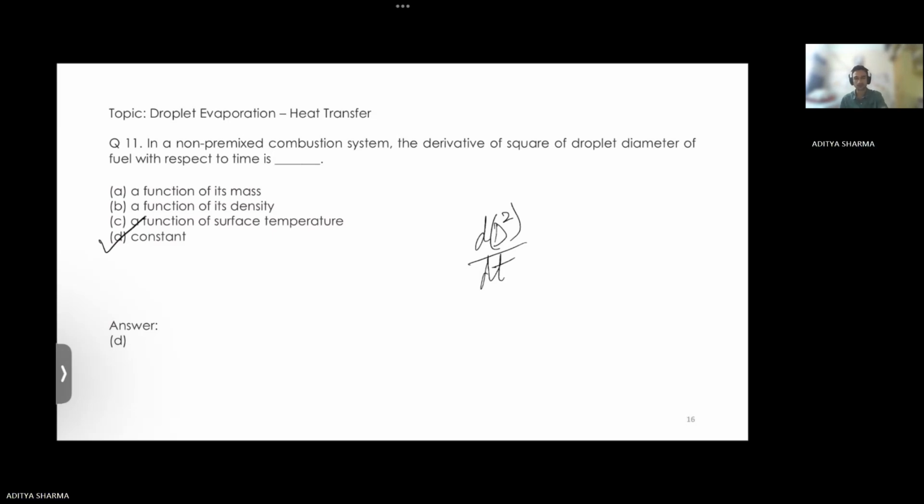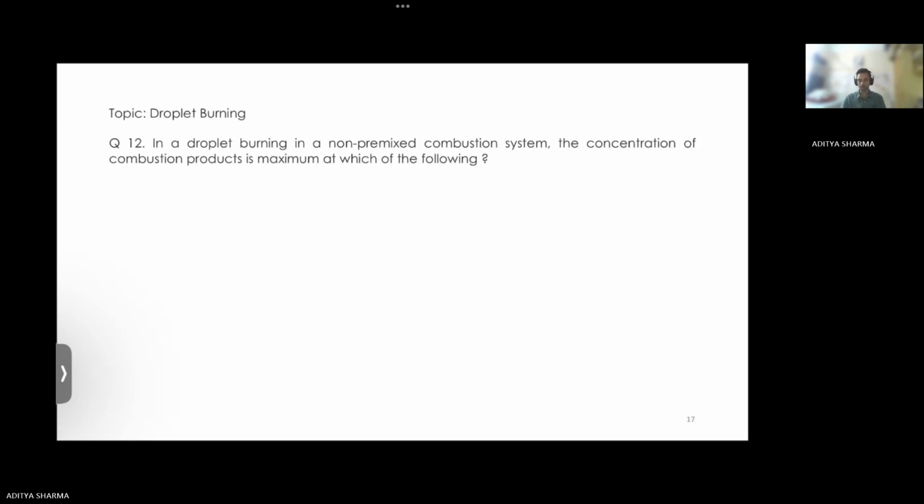So now moving on to the next question. Droplet burning. So this is question number 12.